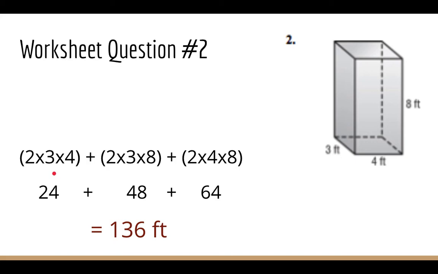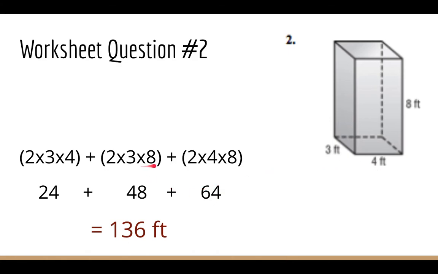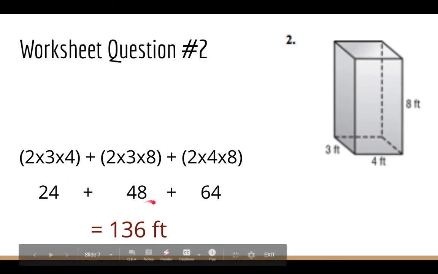Hopefully what you've seen is that this 3 and this 4 come from here. This 3 and this 8, it's this 3 times this 8, and this 4 and this 8 come from here. Each time you're multiplying those, you're then doubling them. It gives you 3 numbers to add for a total of 136 feet. Should be squared.